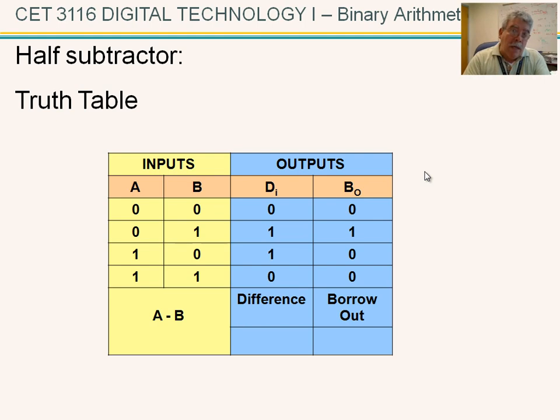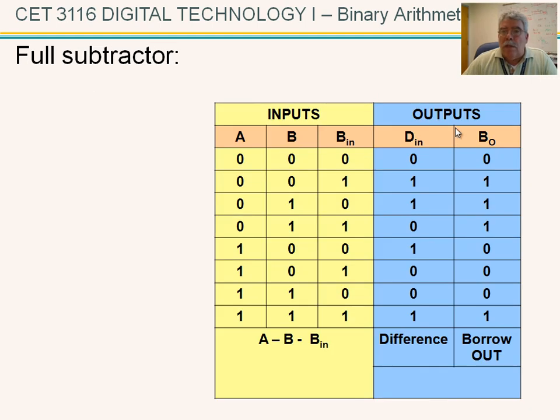So we have a borrow in and a borrow out. Okay, so of course the borrow in refers to the borrow that is requesting our friend or brother on the right column, adjacent right column, and the borrow out is the one that we need to request. Okay, that's an output.